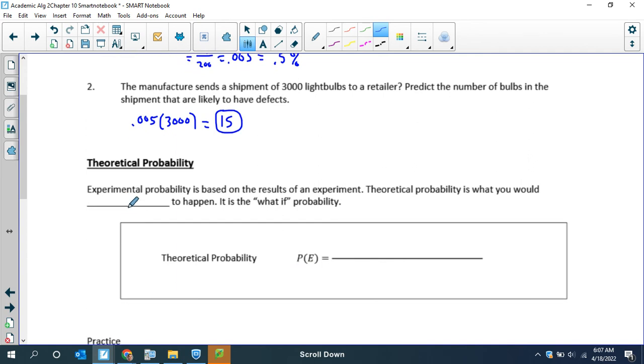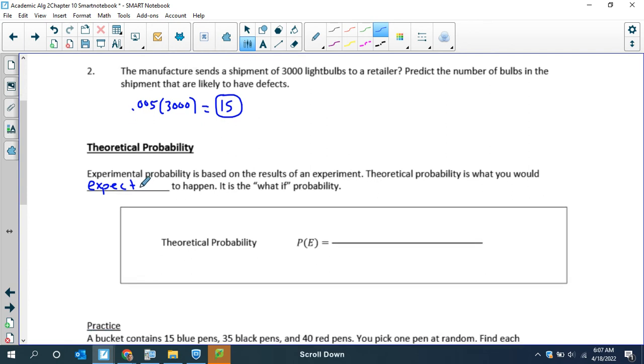All right, we also have theoretical probability. Experimental probability is based on the results of an experiment, whereas theoretical probability is what you would expect to happen, the what-if probability, we say.